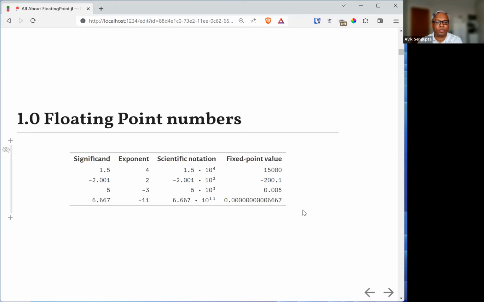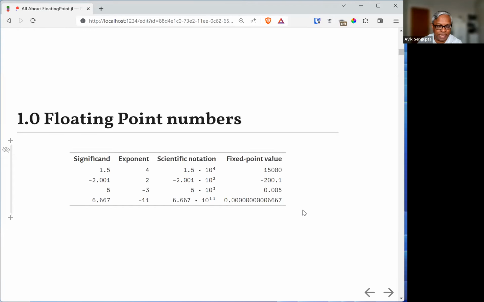So what are floating point numbers? What's floating is, I guess, the first question. Floating point numbers basically are used to represent fractional numbers, numbers that are not whole numbers or integers.